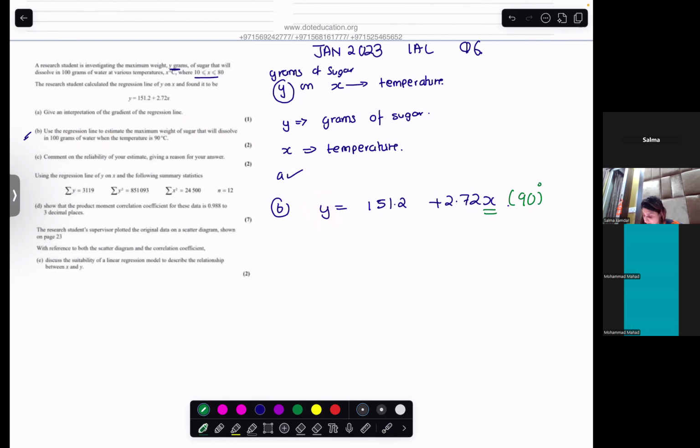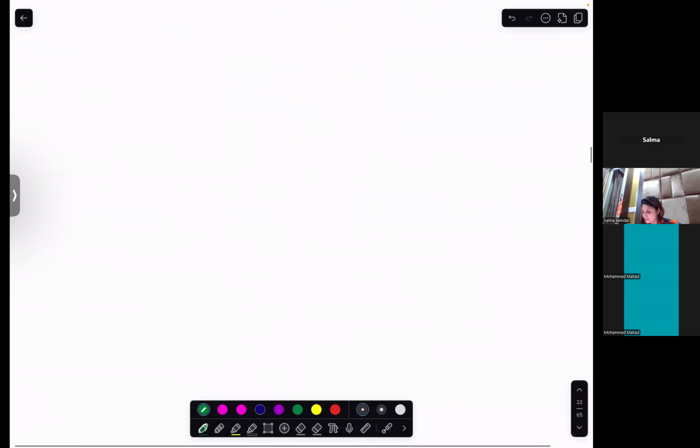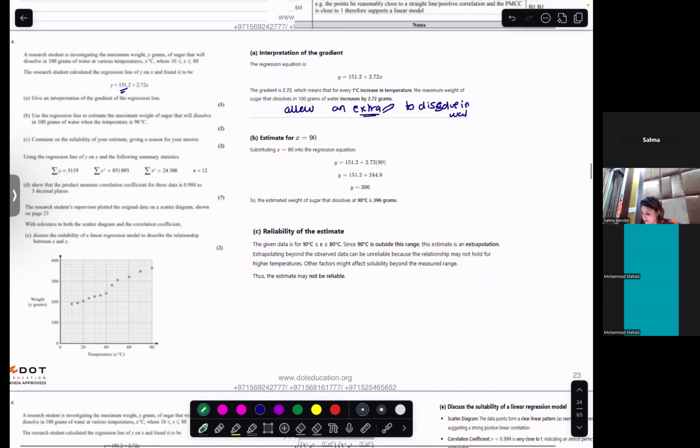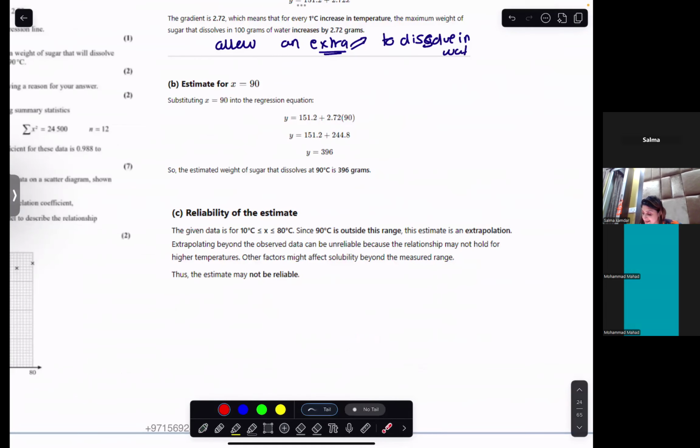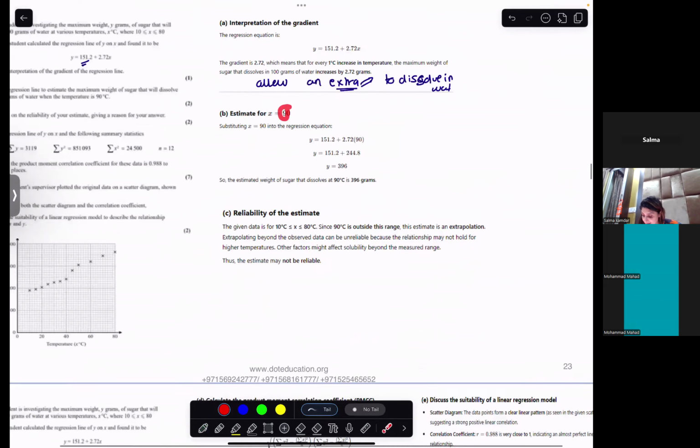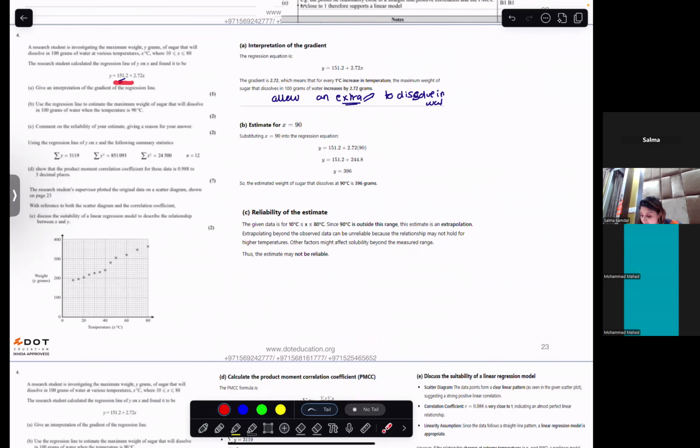So what will I do? I will substitute 90 into the regression line equation. My regression equation is 151.2 plus 2.72 times 90.